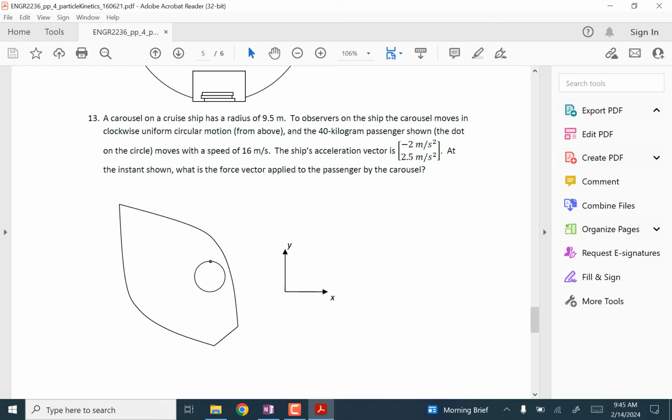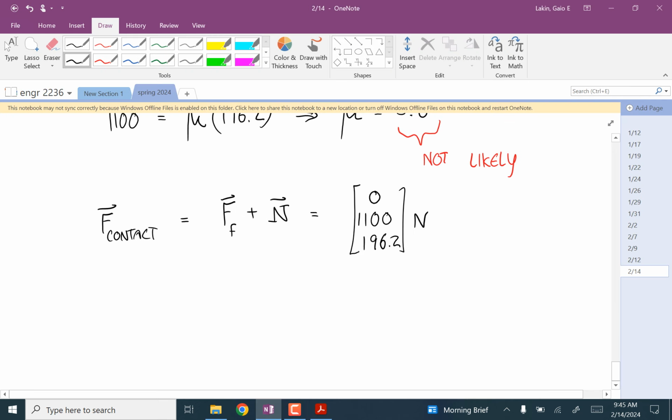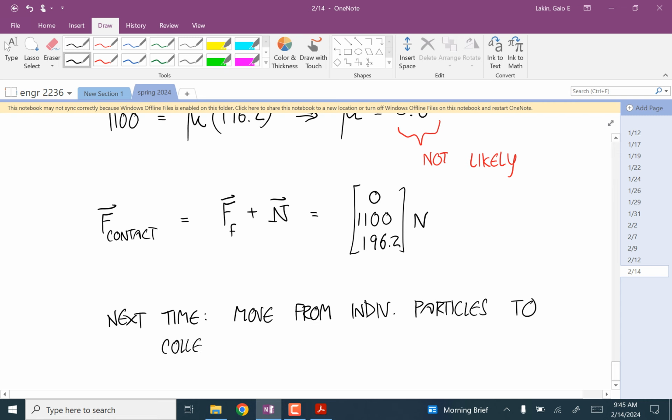So next time we'll talk briefly, quickly about general collections. So now we're moving on from individual particles to collections of particles. Okay, so let's just get this in your notes. So we're moving from individual particles to collections of particles.